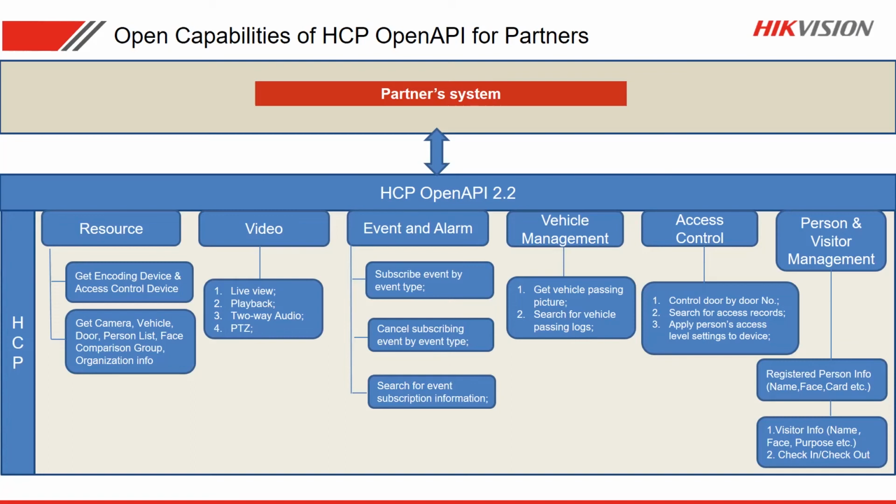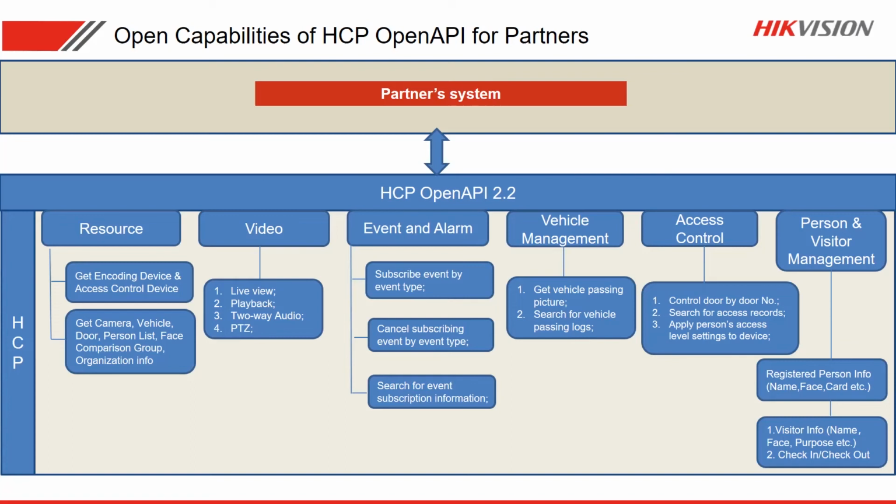You can check the person list, how many persons have already been added on the software. Of course, the face comparison groups, how many groups have been created, and the organization group information. You can get all this kind of information over HTTP by calling the OpenAPI command.